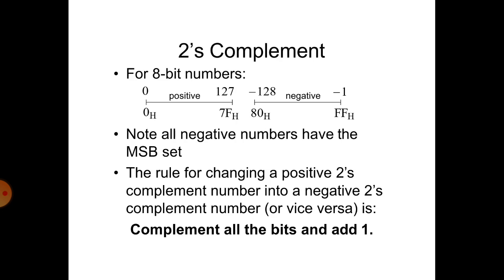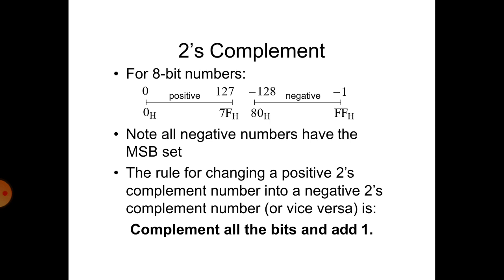So this slide shows the 2's complement. For 8-bit numbers, 0 means positive, up to 127, and minus 128 to minus 1 means negative. That is 7FH, and 80H to minus 1 means FFH.